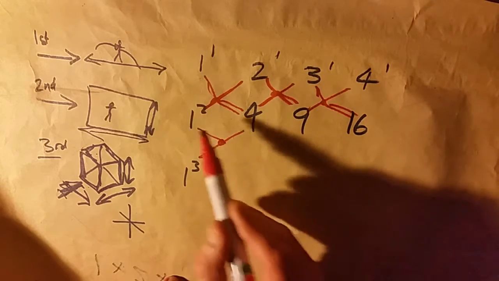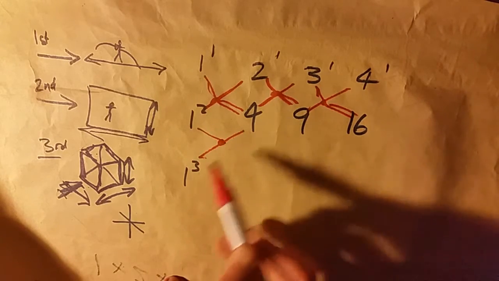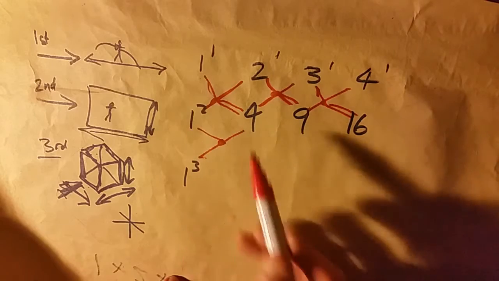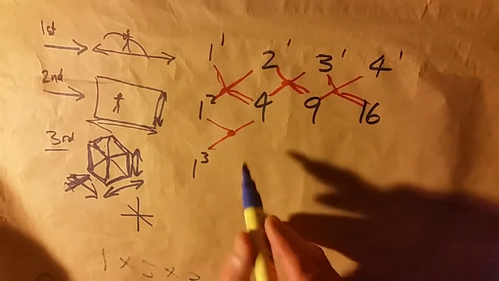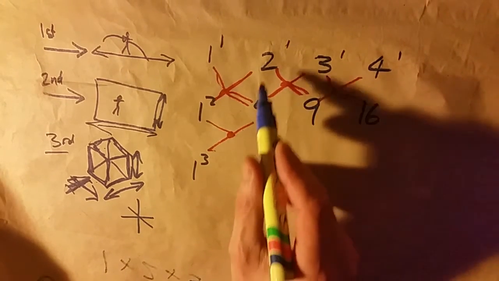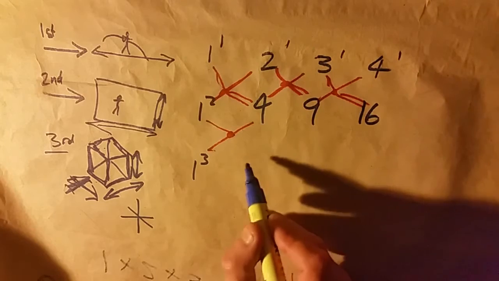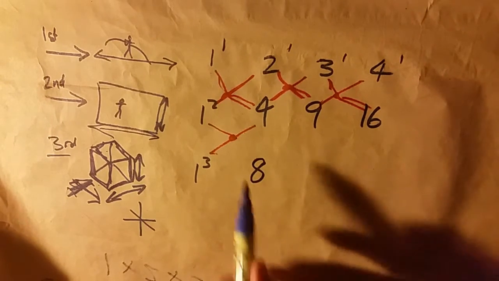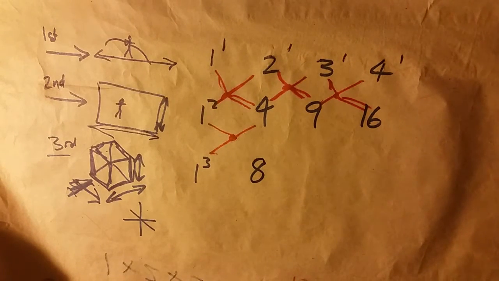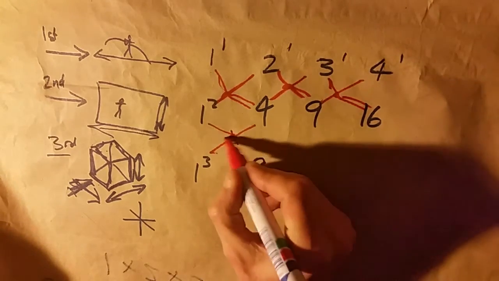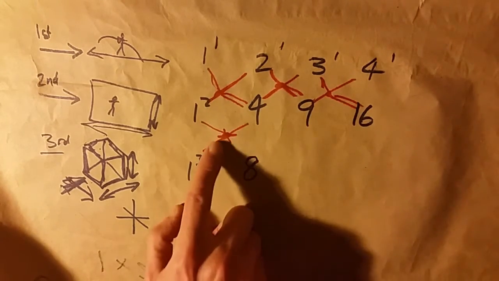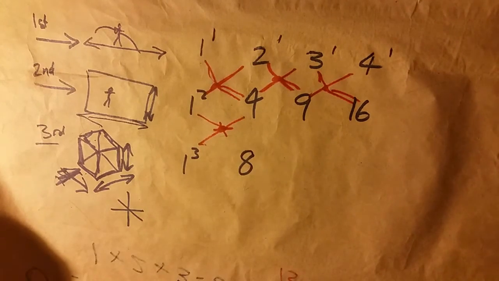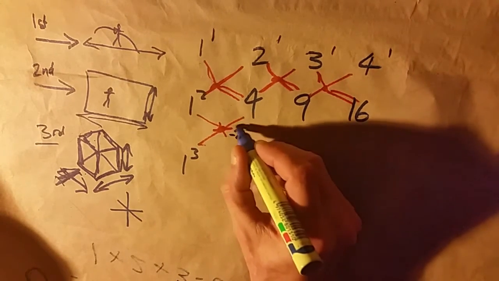If we try to do the same thing here, 1 plus 4 plus 1 is 6. The number we're looking for is 2 cubed, 2 times 2 times 2, so we want the number 8, but when we add these 3, we don't get the same pattern. We have a deficit of 2.